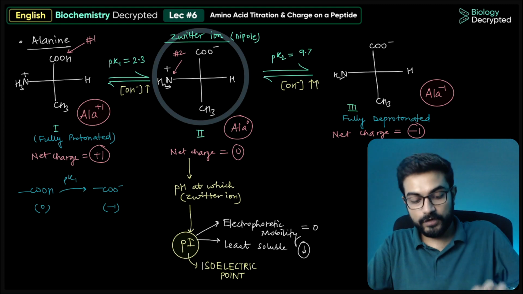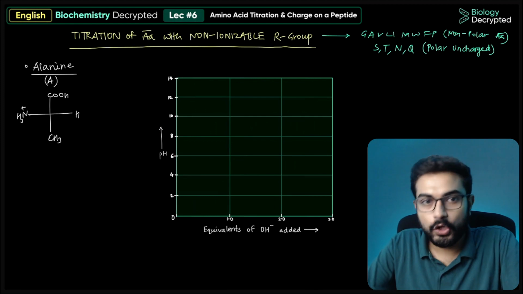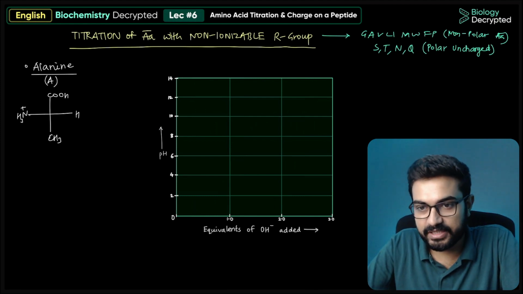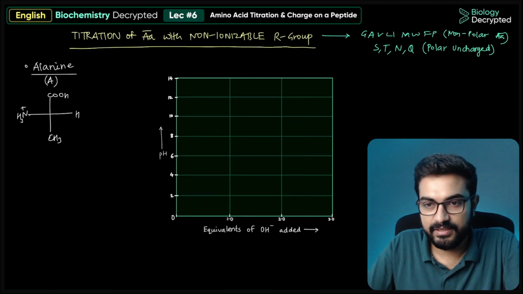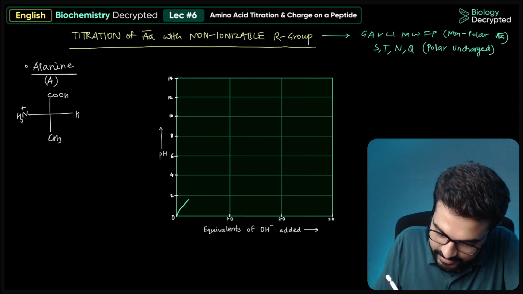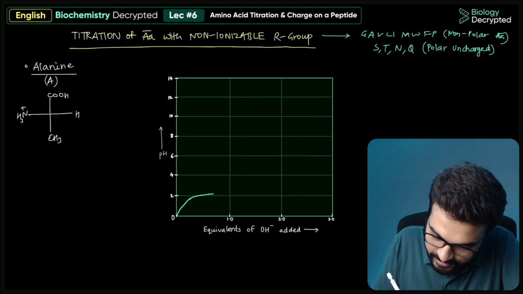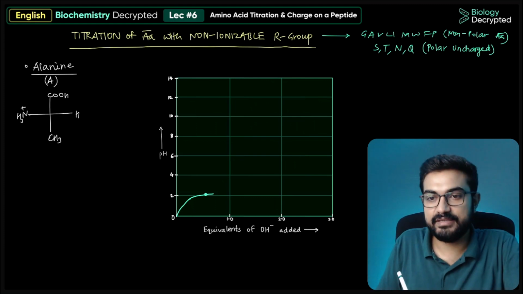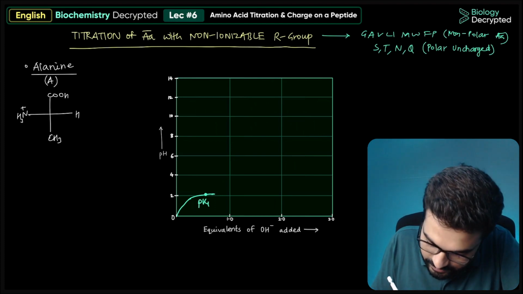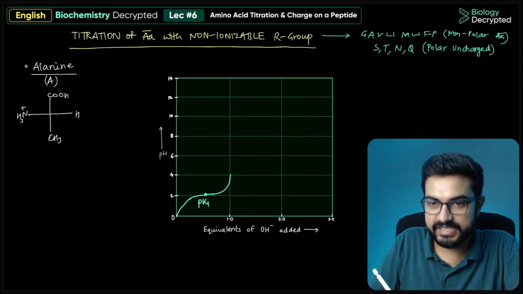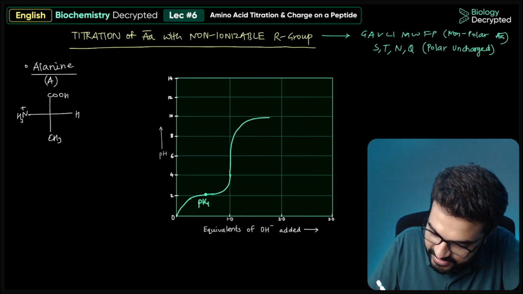So this is the overall story of the ionization of alanine, and if we try to represent it on this particular graph, the ionization takes place in this way. First, at a pH of around 2.3, this ionization took place. This is the value of pK1. Then the graph was rising, and at a pH of around 9.7 there is another ionization taking place.